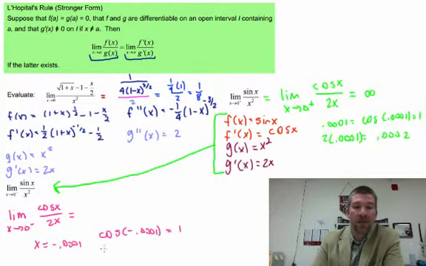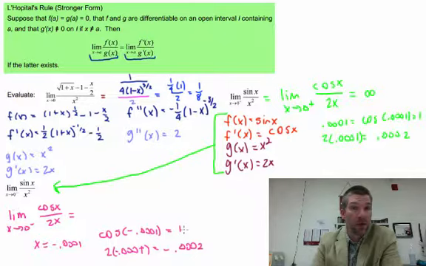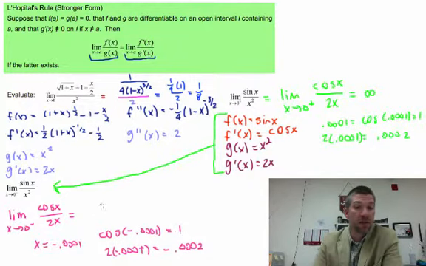When I put that same value in for x, negative 0.001, I get negative 0.0002. Well, large number on the top doesn't go past 1. It's below 1. Small number on the bottom, which means that when you multiply by its reciprocal, that's a big number. Well, I've got a positive divided by a negative. So in this case, that's going to take me to negative infinity.